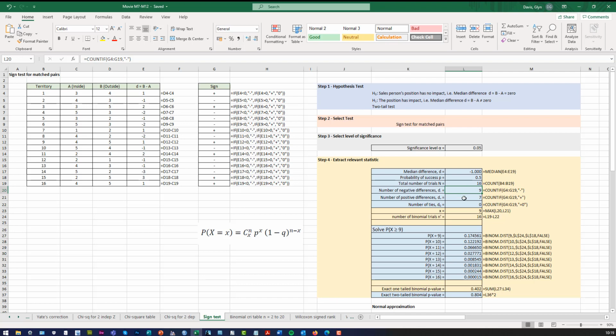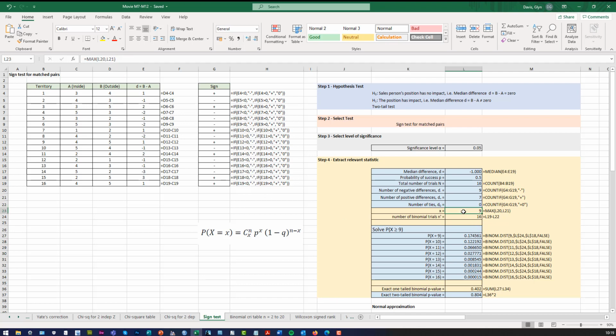And we find it's 9. The number of positive differences is when we have plus there, so we COUNTIF G4 to G19 for those being plus, and we can see we have 7. The number of tied ranks, well, we COUNTIF G4 to G19 where it's 0, and we can see it's 0. So we have no tied ranks.